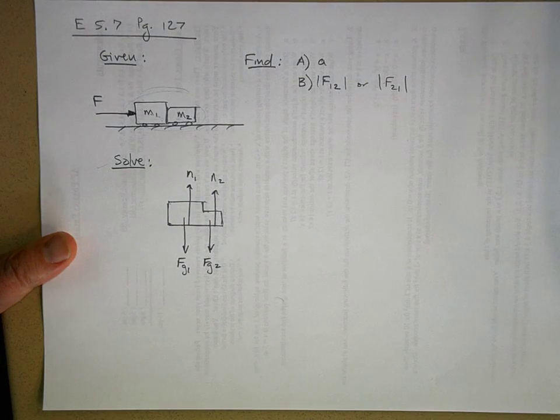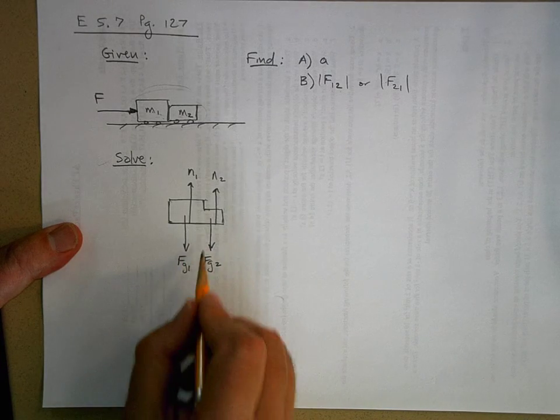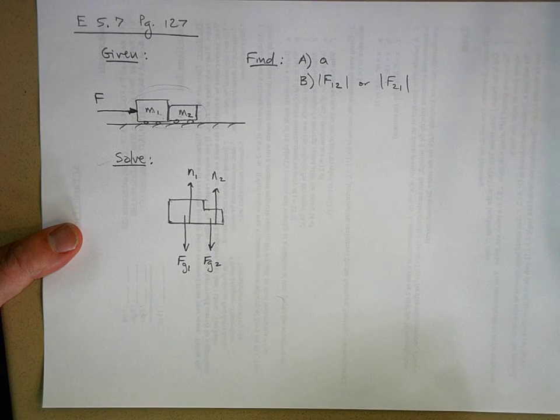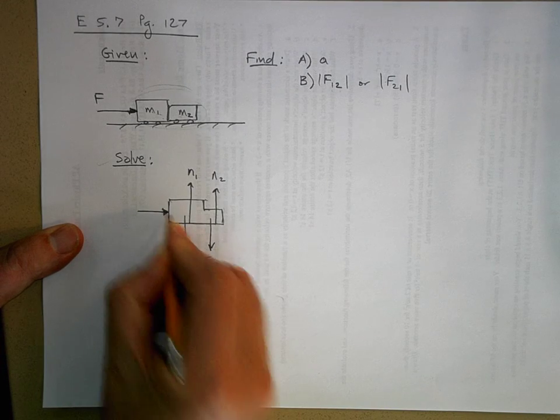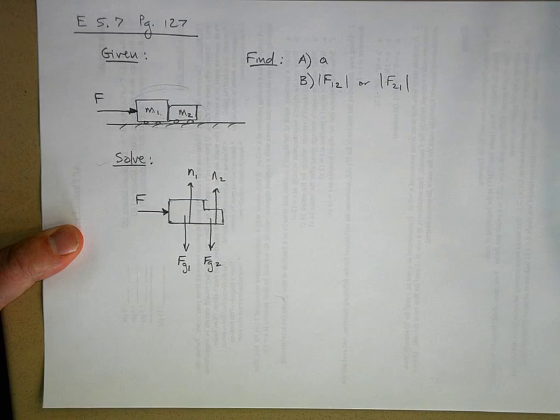But hey, these forces right here are really not relevant to the problem. All they're going to do is cancel out. And then we've got this outside force, F, being applied.